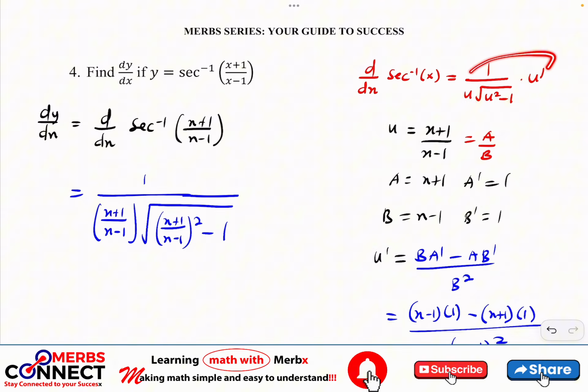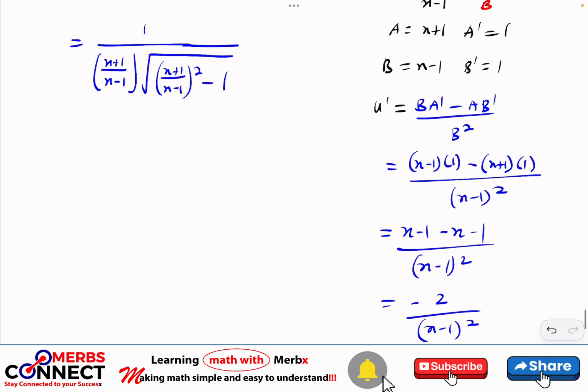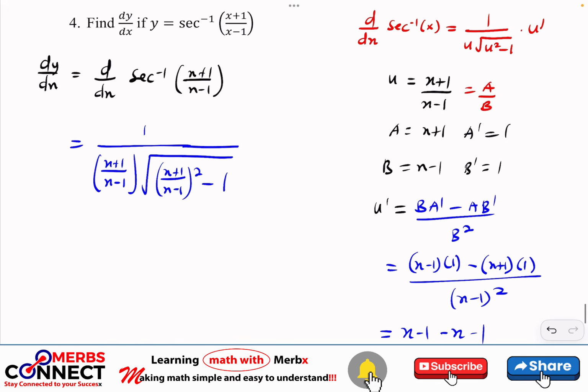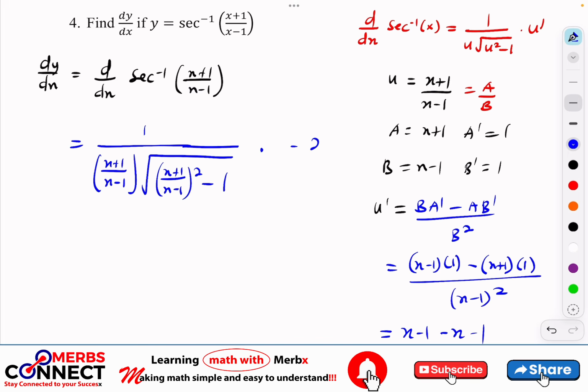So we are just doing substitution here. Then u prime is minus 2 divided by x minus 1 all squared. So this is what we are going to get. We can decide to simplify this and cancel some things out.